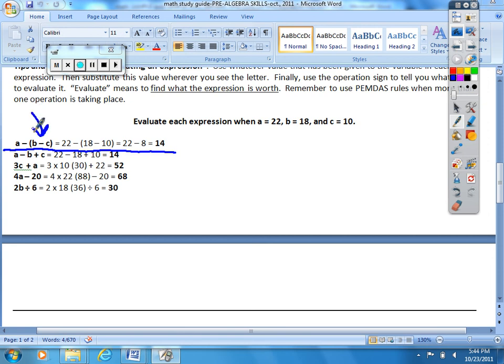So if you notice out beside on all of these, I actually show you the steps that I should have done first. I need to do this first. So there's my 8. Then I go back and say 22 minus 8. So when I start out, I've substituted, I do what I'm supposed to first, and I arrive at my answer. So that explains what all that is there. All right, but we'll be doing a couple more of those in a moment.